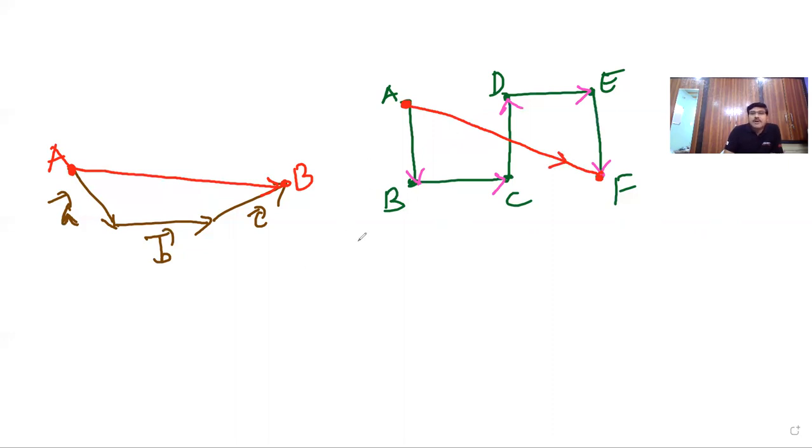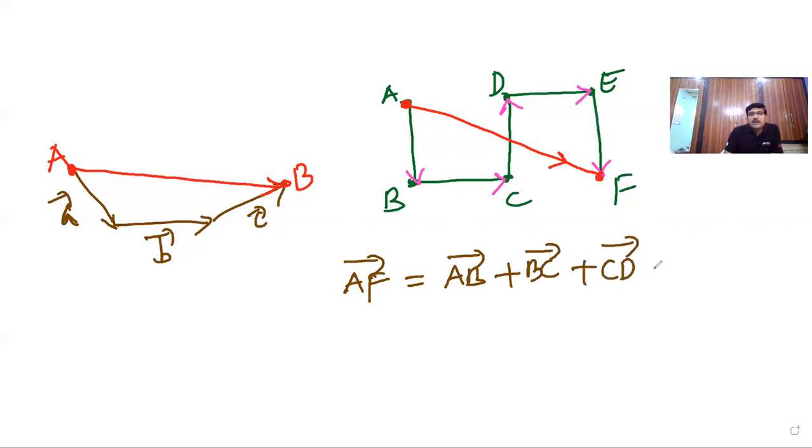Clear? Now the sum of all these, that is AF bar, initial point A, F is the final point. AF bar is AB bar, A to B, plus BC bar, plus CD bar, plus DE bar, plus EF bar.